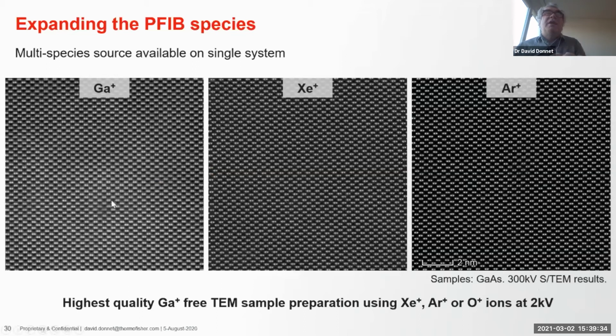You can see on the gallium system, there's all sorts of damage and irregularities. It's a little bit fuzzy with xenon, but we removed all of the damage on the argon film. And these were all finished at 2 kV. So argon could be really useful for making even higher quality lamella preparation.